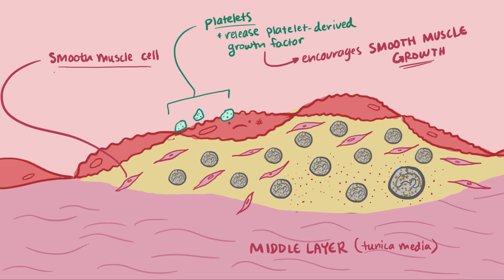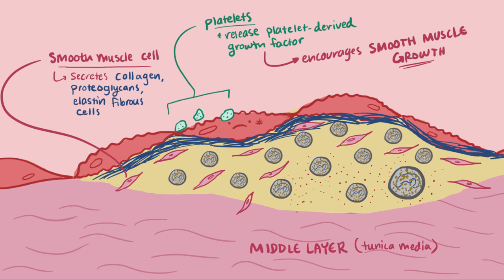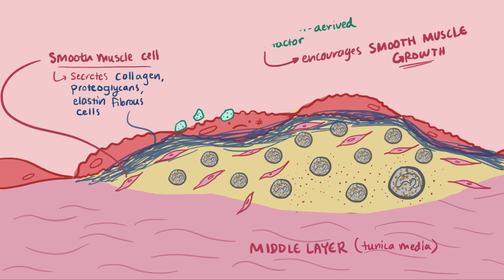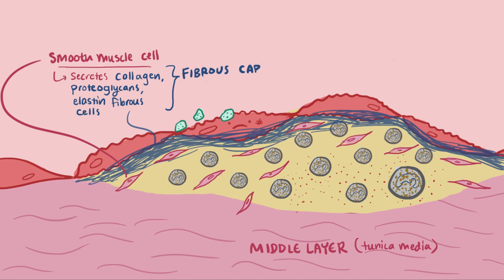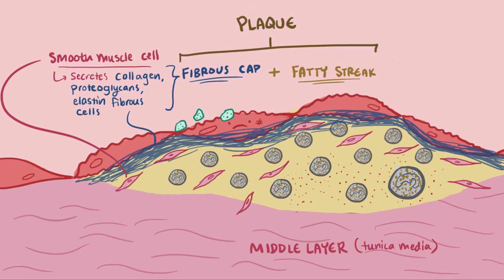The growing smooth muscle secretes collagen, proteoglycans, and elastin fibrous cells that help form a wall around the fatty streak, preventing blood clotting. And we call this extracellular matrix wall a fibrous cap, and together both the fatty streak and the surrounding fibrous cap is called plaque.